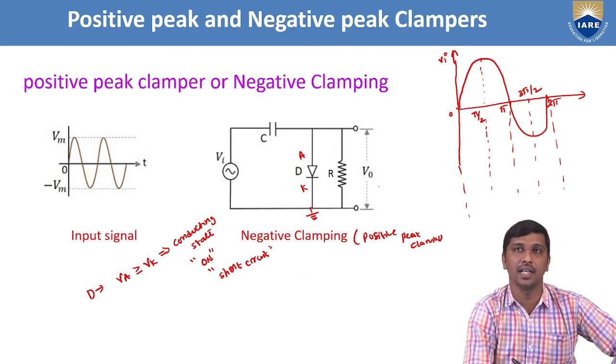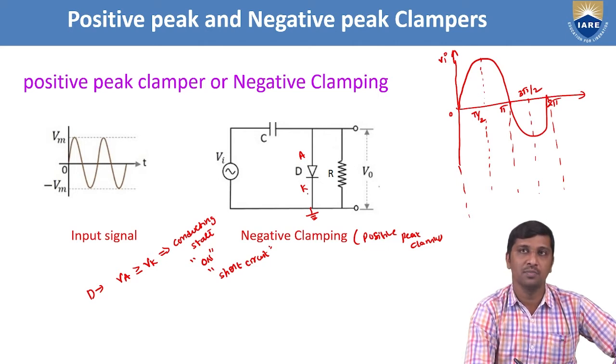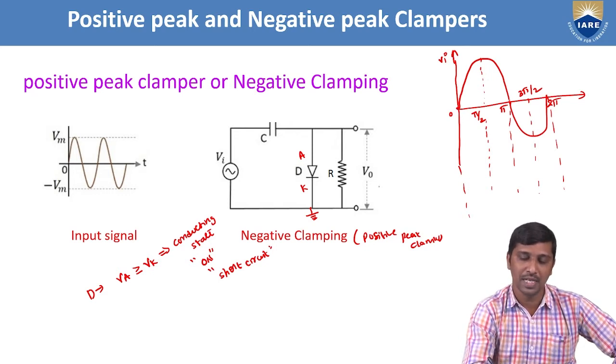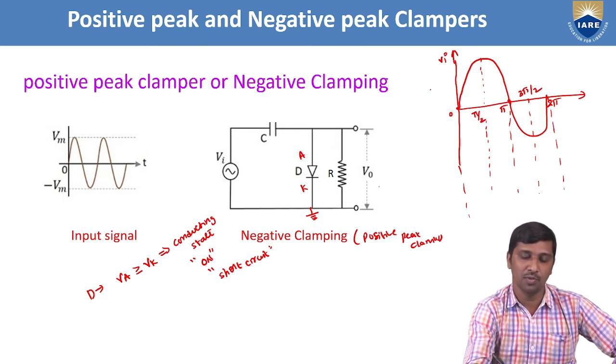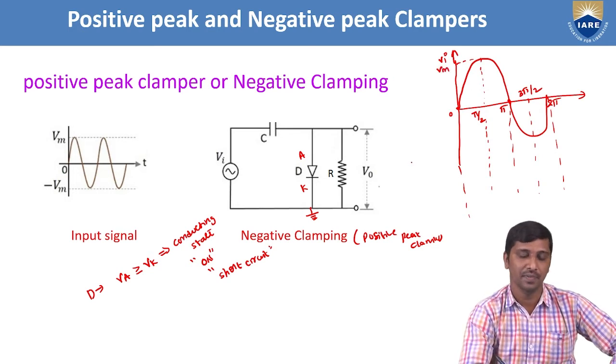Based on this utilization of the diode in this circuit, whenever the input signal has the positive portion, meaning the 0 to pi duration, the anode contains a positive peak voltage, represented as Vm.